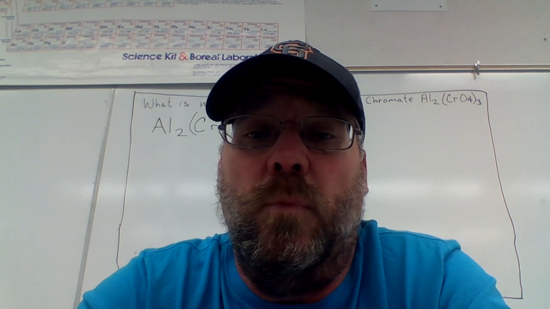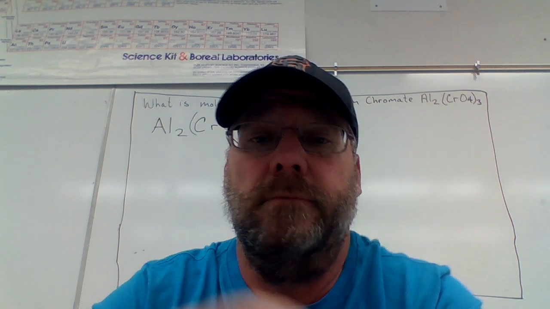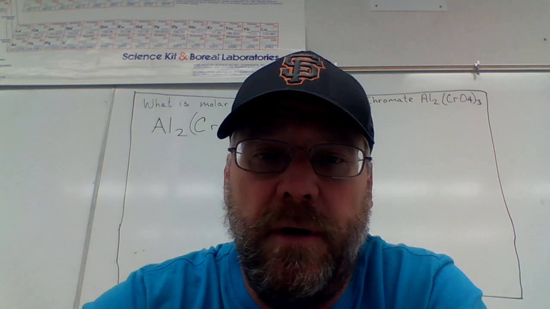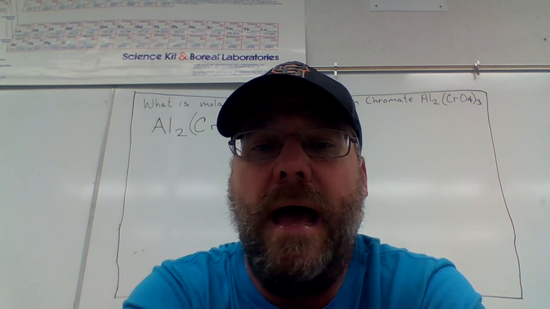Since 1 mole is one chunk that is 6.02 times 10 to the 23rd atoms, what we're going to see is that they all have about the same number of atoms inside of them.